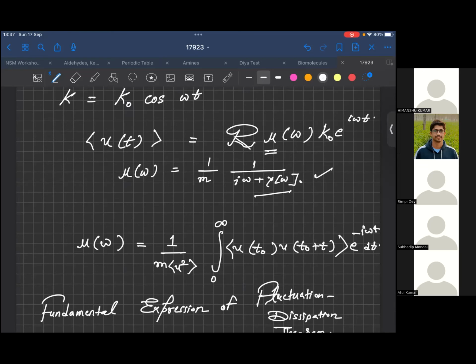This line width is actually the history-dependent friction. This explains the broadening part; otherwise it would be a delta spike. In the actual case, when we tag a water molecule in a water bath, we get a broadening, meaning it would be history dependent.